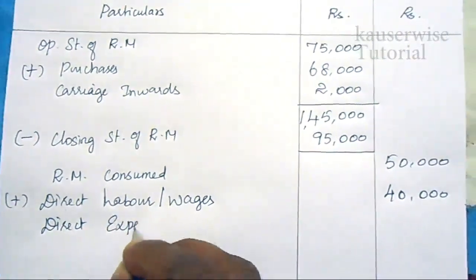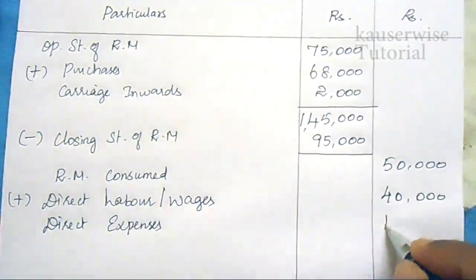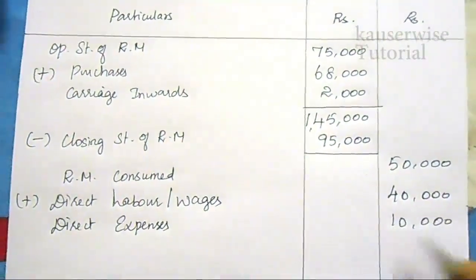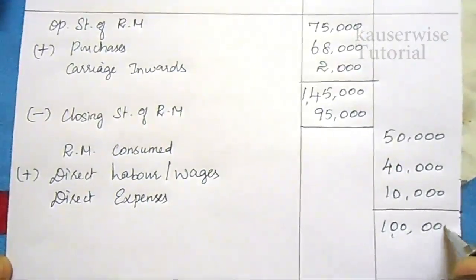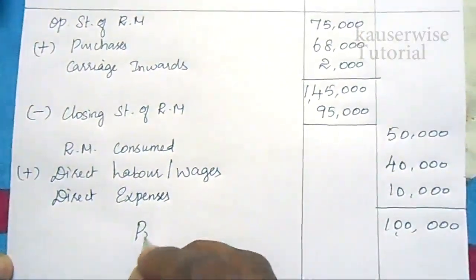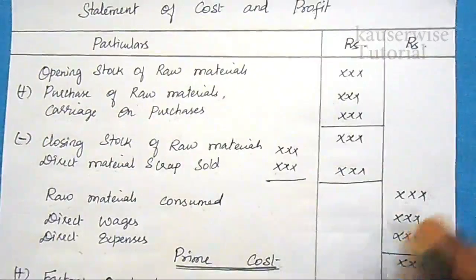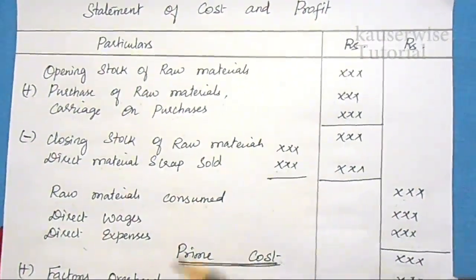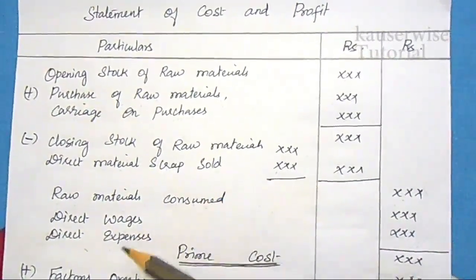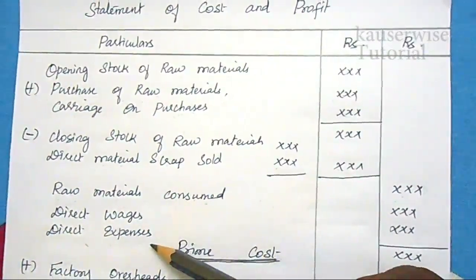Now get the total, 1 lakh. This one is prime cost. Look at the format. So far we have calculated prime cost by adding raw material consumed, direct wages and direct expenses.